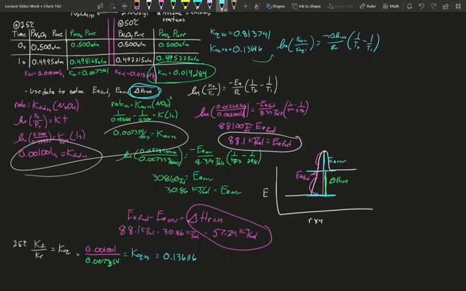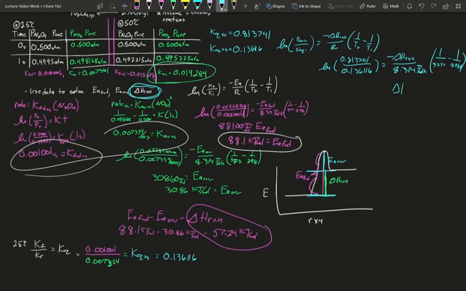If we plug those both into our equation here, natural log of 0.813741 divided by 0.136116 must equal a negative delta H of reaction over 8.314 joules per mole Kelvin times the difference of our inverse temps, again 50 Celsius and 25 Celsius, so 1 over 323 Kelvin minus 1 over 298 Kelvin.